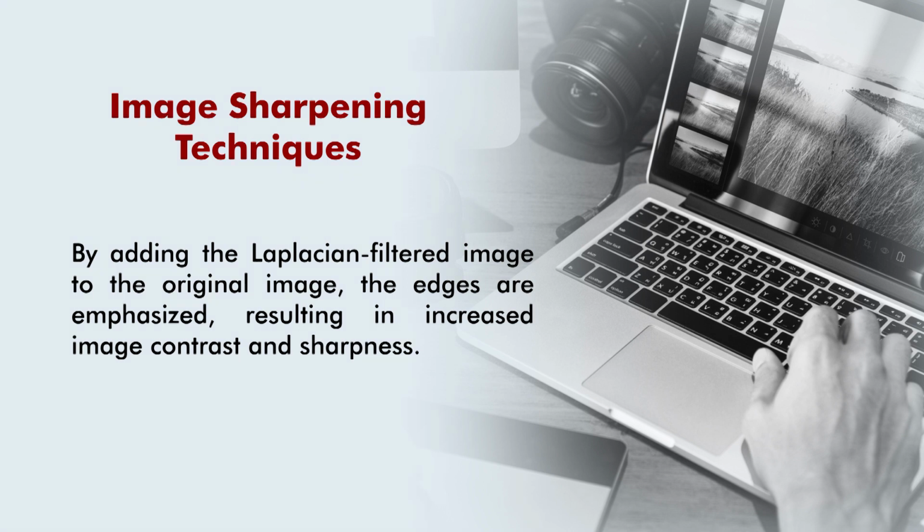By adding the Laplacian filtered image to the original image, the edges are emphasized, resulting in increased image contrast and sharpness. So here is an example of Laplacian sharpening applied to an image. In this, we insert the original image and the sharpened image using Laplacian sharpening side by side.